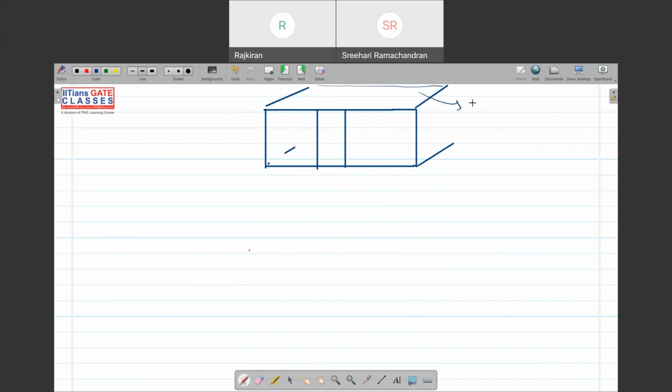This area is equal to unity. So I am considering only the one-dimensional case.